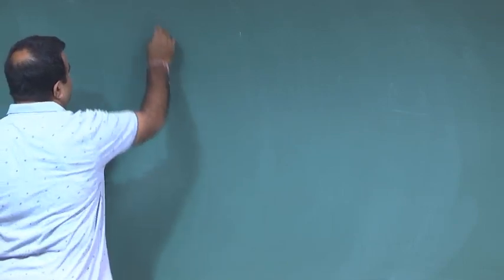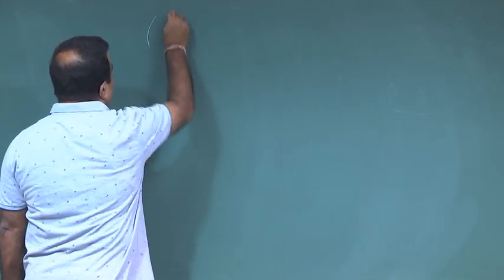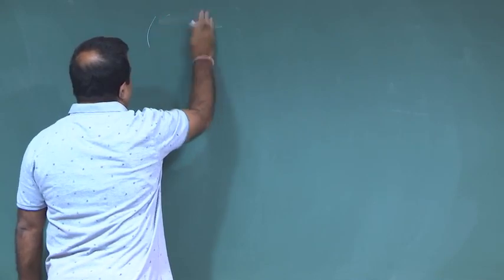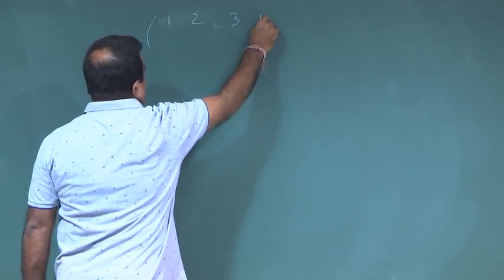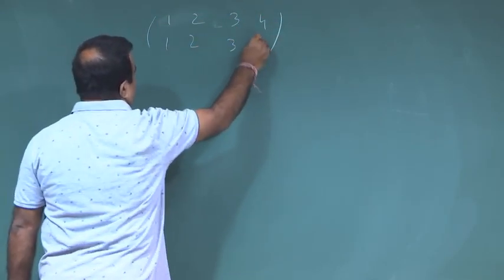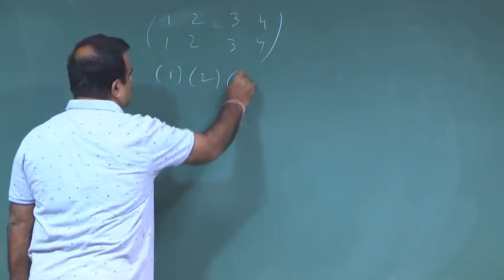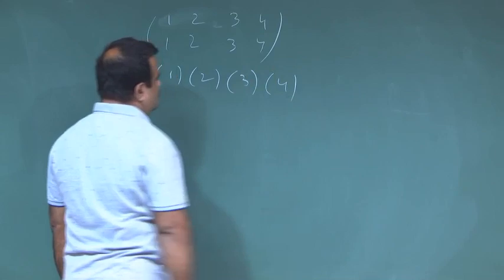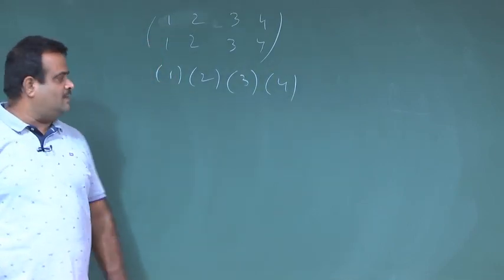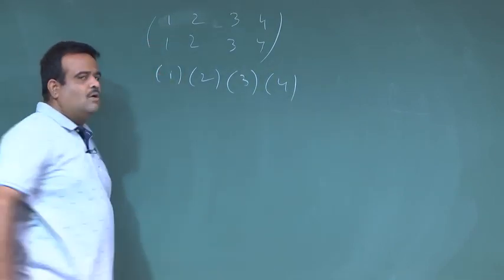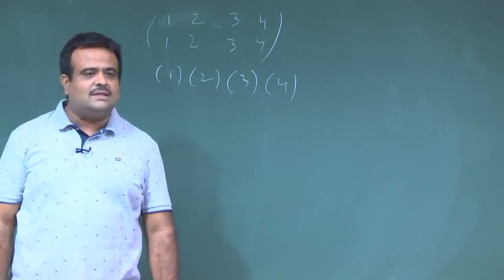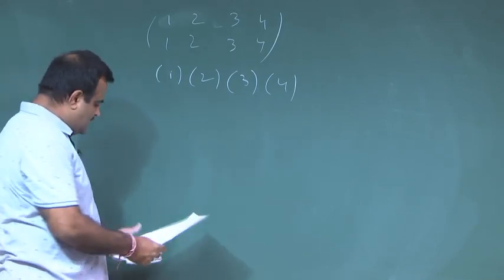Now, suppose you have the identity permutation. Identity permutation means A1, A2, say for 4 we have 1, 2, 3, 4. So, everybody is going to itself. That is why it is a one length cycle, and how do we represent a one length cycle?